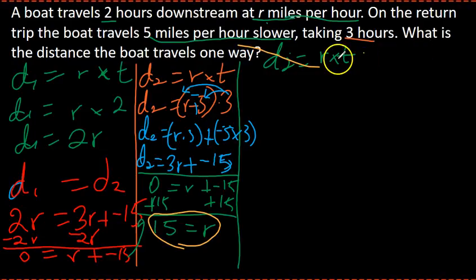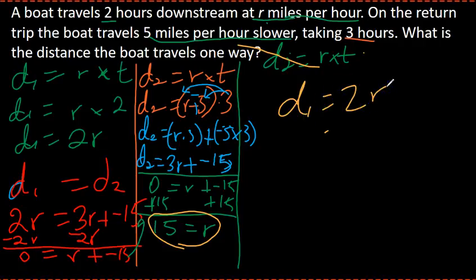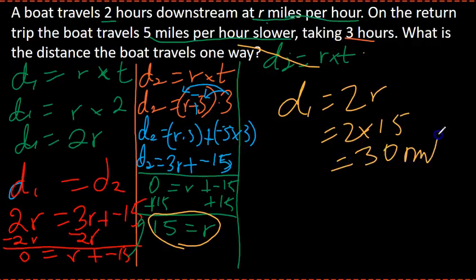We're asked to find the distance. Now that we have found r, we can substitute it into this equation and use it to find what this is. Either one works. Since distance 1 is 2r, which is 2 times 15, which is 30 miles.